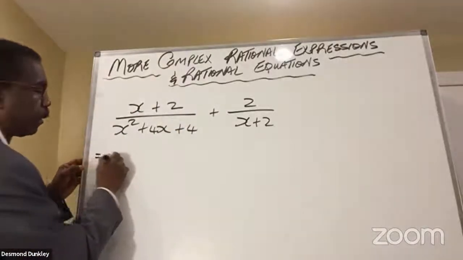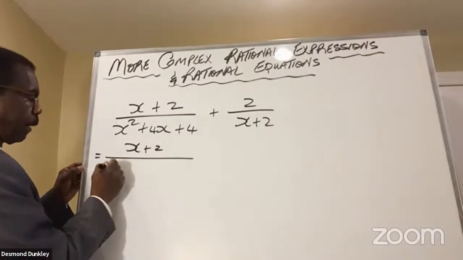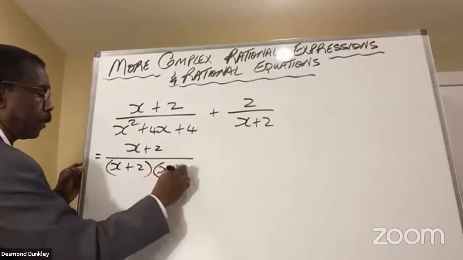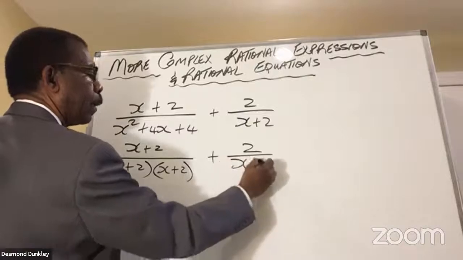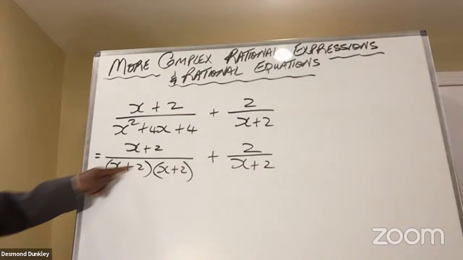So here we go. This is x plus 2, and at the bottom we end up with x plus 2 times x plus 2. That is plus 2 over x plus 2. If you're looking carefully, you notice that this cancels this.